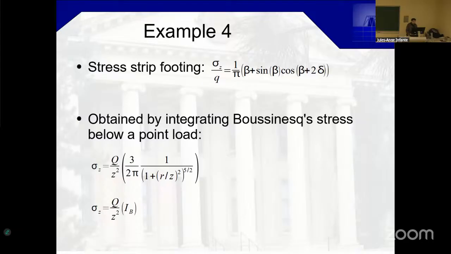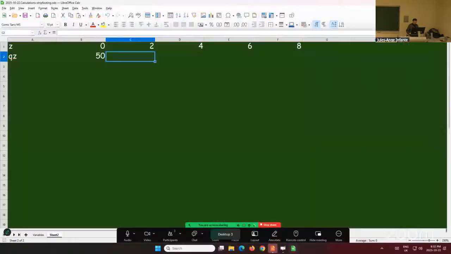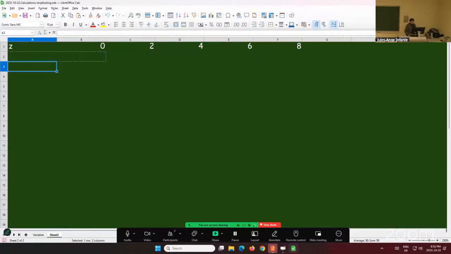Plus 2 times delta, sorry. Okay, so that is equal to the first value divided by π. And now we need to find beta. So let's calculate beta first of all.